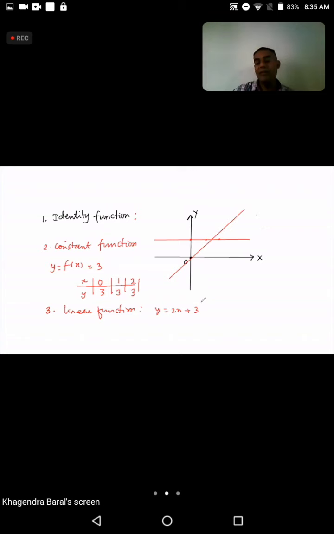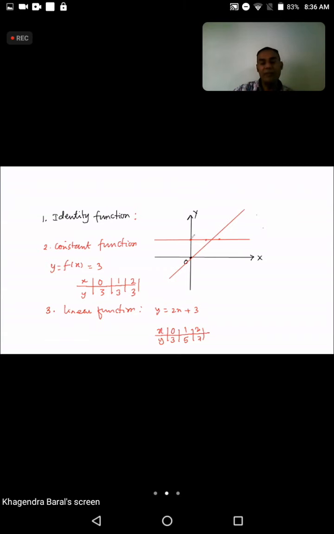Let us make the table of values x and y. If we take x is equal to 0, y is equal to 3. If we take x is equal to 1, y is equal to 5. By taking x is equal to 2, y is equal to 7 and so on. Now plot these points (0, 3), (1, 5), (2, 7) like this.